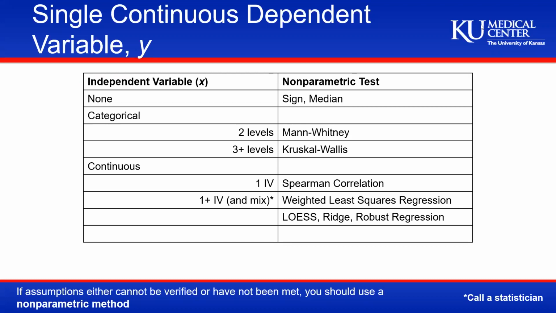Meaning it's kind of hard to interpret whenever I say, well, I took the log of the outcome and then I took the inverse of that, and now all of a sudden my assumptions are met, but how do I produce an effect size from that? So it's kind of a decision-making process, whether or not to continue trying to massage the data to get it to fit the method, or should I abandon parametric methods and go to something called non-parametric methods.